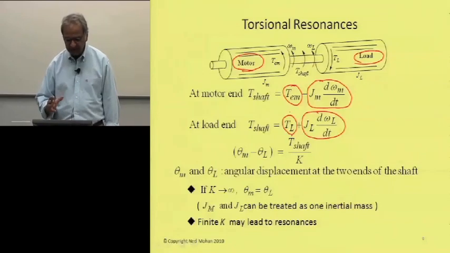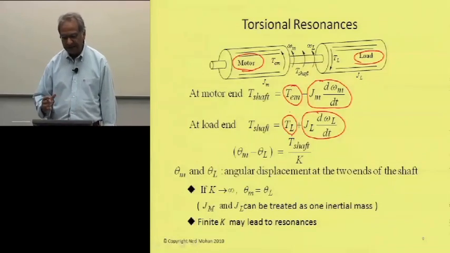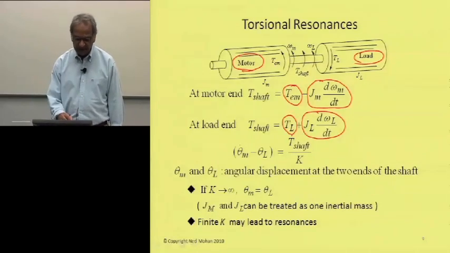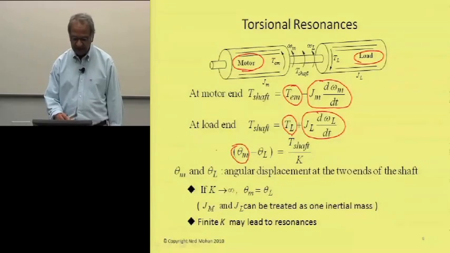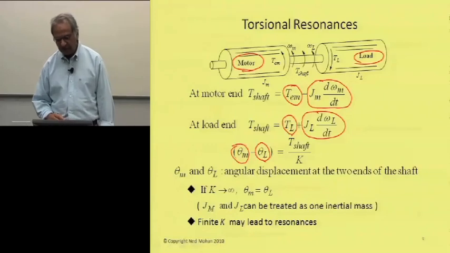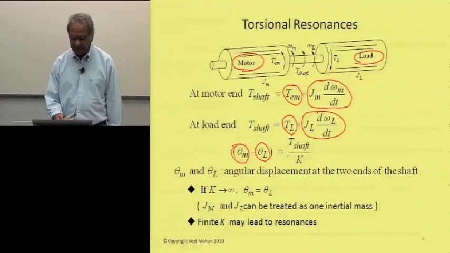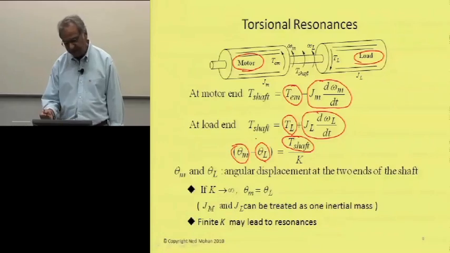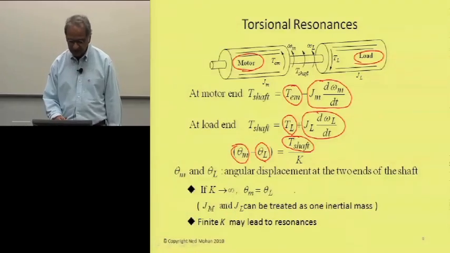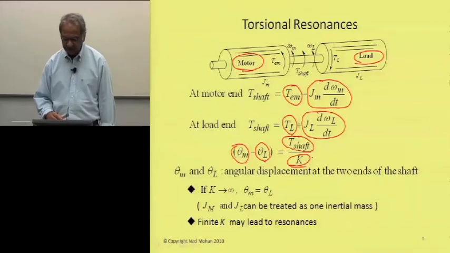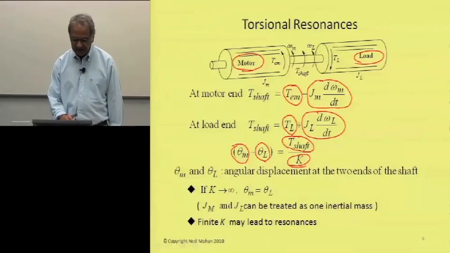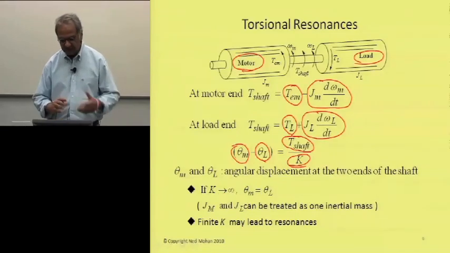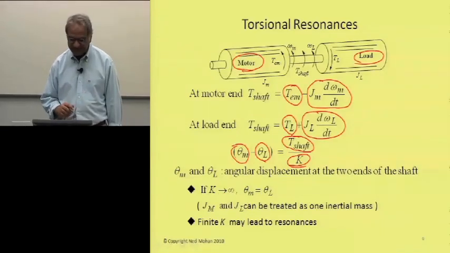And the displacement at the motor end and at the load end, they are different. So theta m is the displacement angle at the motor end, and theta L is the displacement angle at the load end. And the difference of these two is the shaft torque divided by this coefficient k here. So if k is infinite, that means this shaft is infinitely stiff.